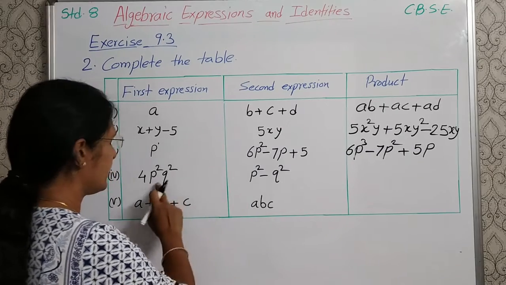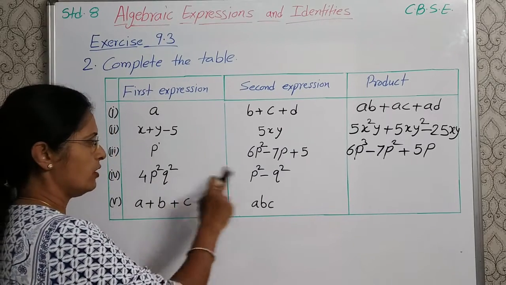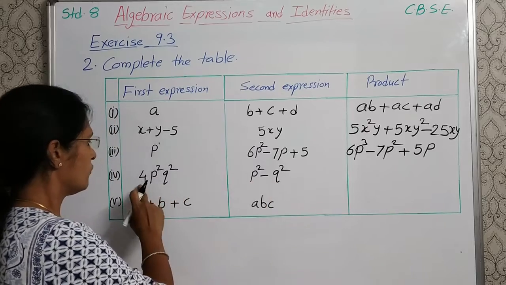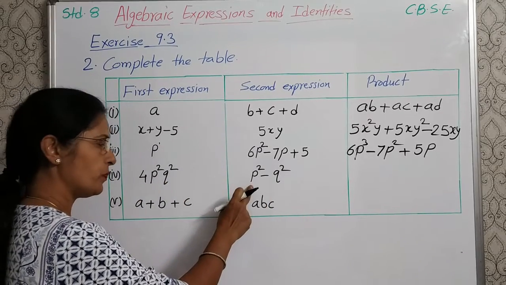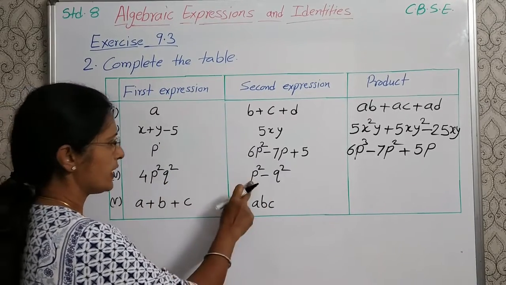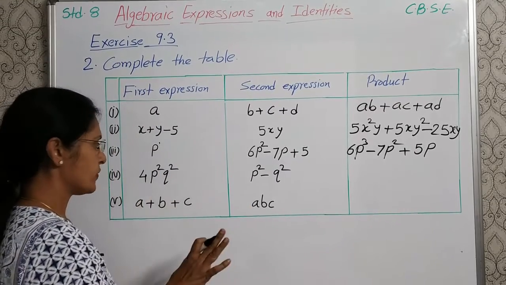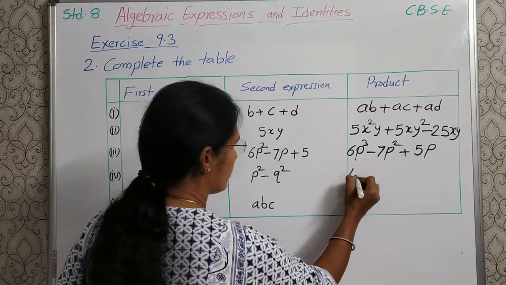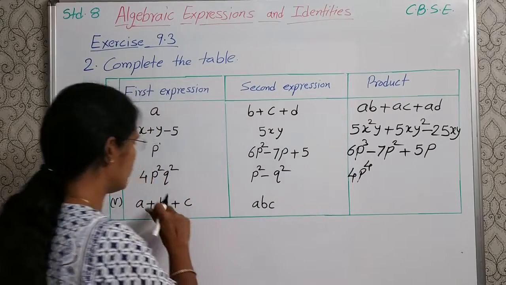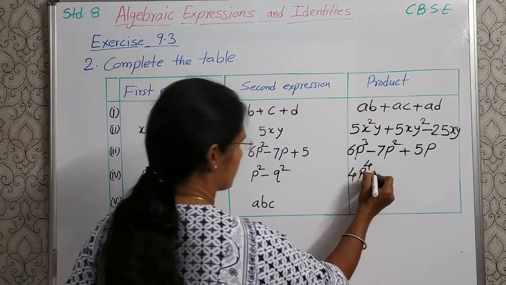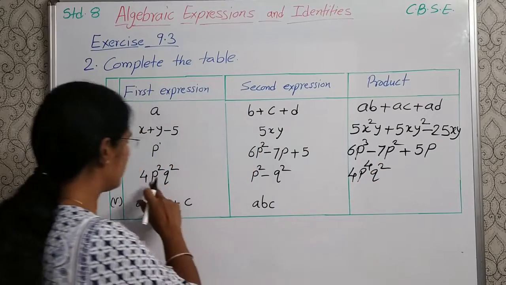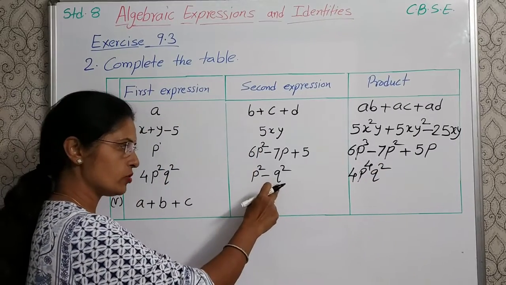Now here multiply these two, monomial and here binomial. So 4p square q square into p square. So here p square and p square will become p raised to 4. These two 4 and q square as it is. So here 4 p raised to 4 and q square. Next, 4p square q square into minus q square.